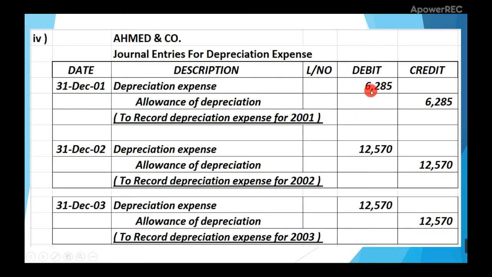It means in 2001 the amount will be 6,285 and in 2002 the amount will be 12,570 rupees, and in December 2003, depreciation expense debit and allowance for depreciation credit. The amount will be the depreciation expense for 2003.